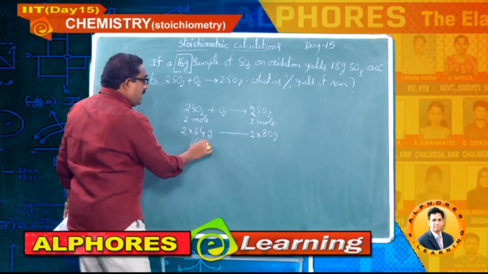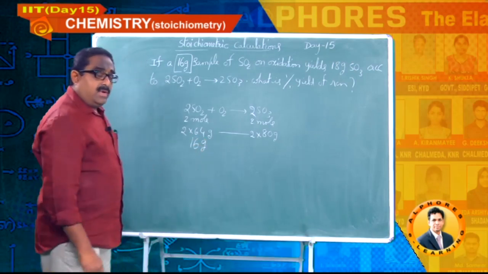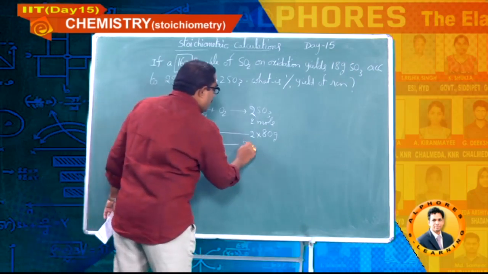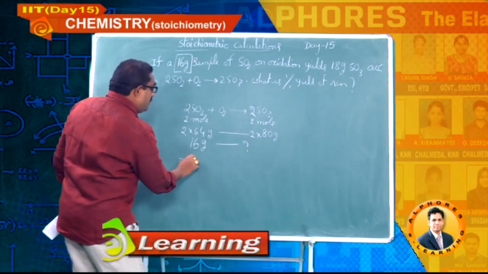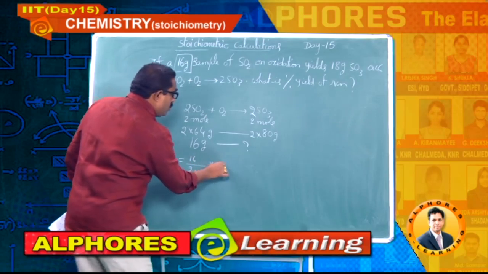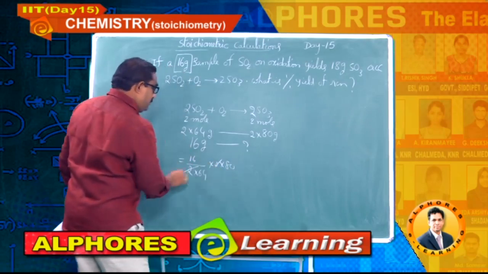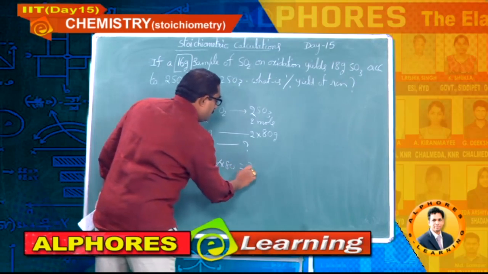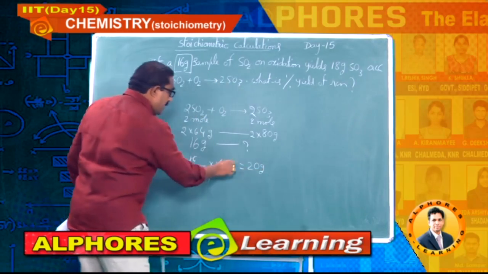So I am doing the theoretical calculation. If you take 16 grams, what will be the weight of this? So 16 by 2 into 64 into 2 into 80. This is 4, so this is 20 grams finally.